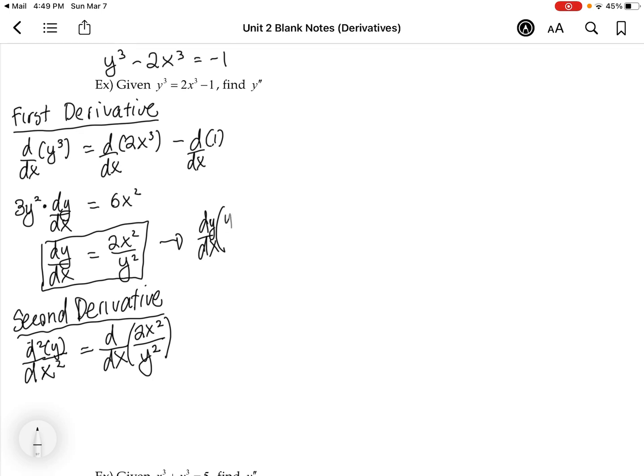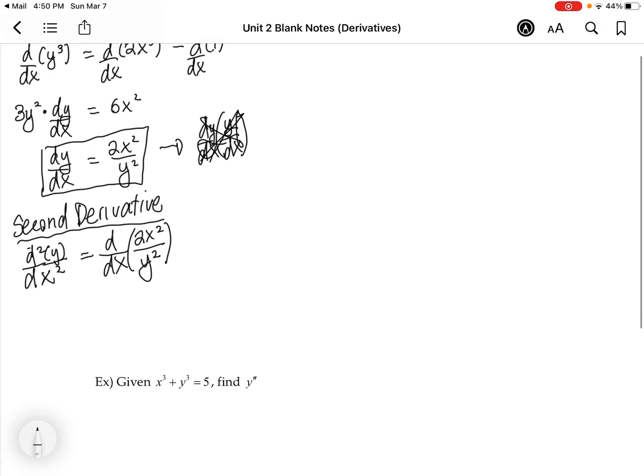So that's where this d squared y by dx squared comes from. Anyway, let's go ahead and do this.